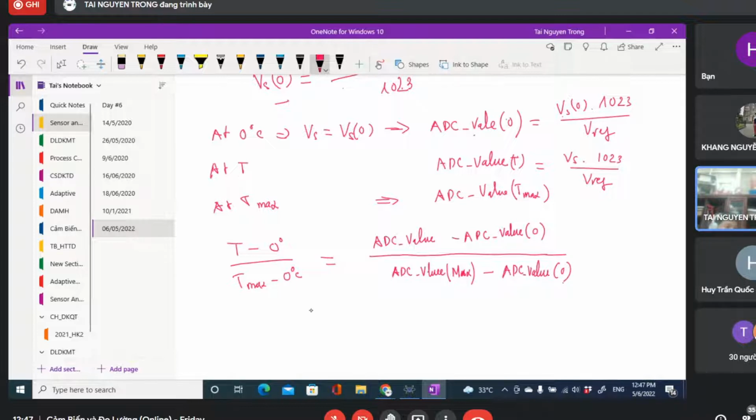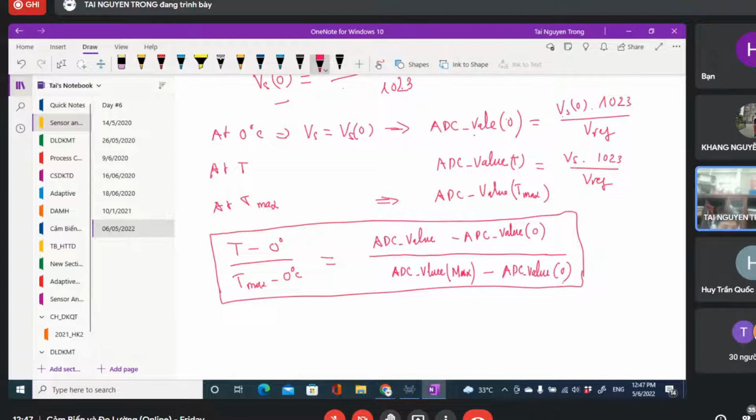And then we can calculate directly from this one without needing anything else.